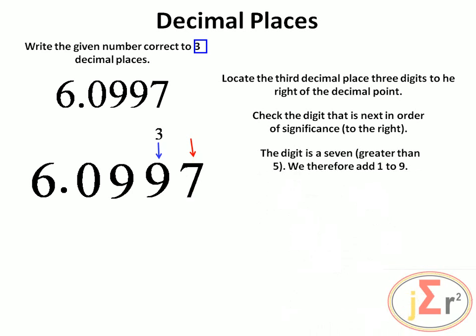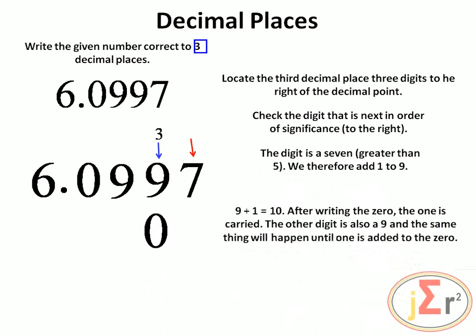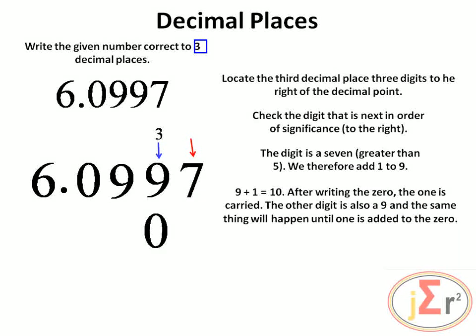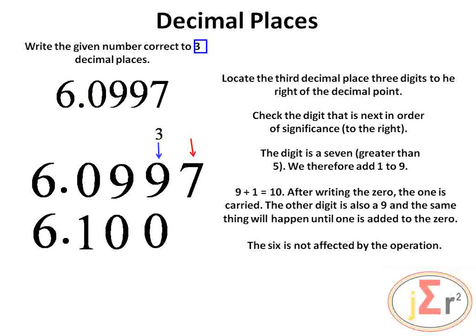The digit is 7, which is greater than 5. We therefore add 1 to 9. Nine plus 1 is equal to 10. After writing the 0, the 1 is carried. The other digit is also a 9, and the same thing will happen until 1 is added to the 0. The 6 is not affected by the operation, and it goes back as it is.